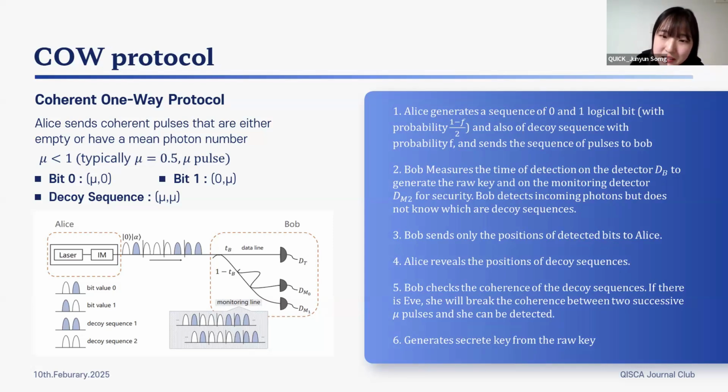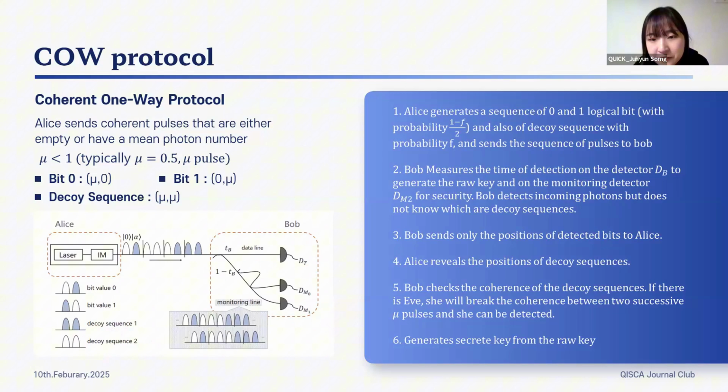Alice then reveals the positions of the decoy sequences. So if the decoy positions were 3, 8, and 10, Bob now knows which detected pulses were part of the decoy sequences. Bob then checks the coherence of these decoy pulses using his monitoring detectors.